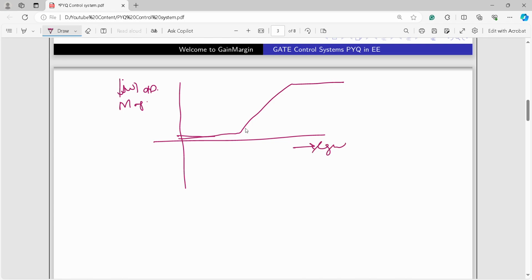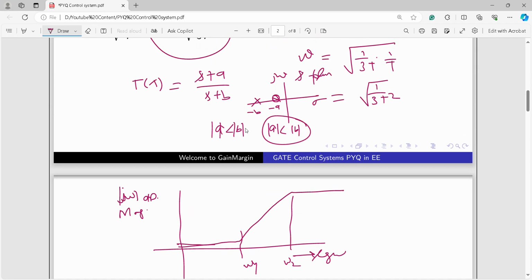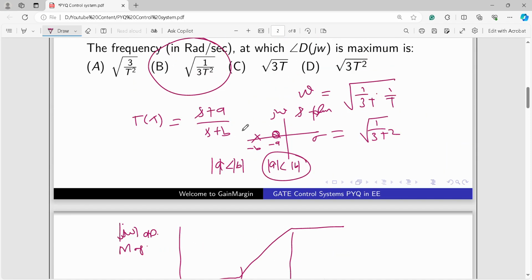This is my crossover frequency, and this is omega of the zero and the pole. As we know, in a transfer function, zeros are the roots of the numerator polynomial, and poles are the roots of the denominator polynomial.